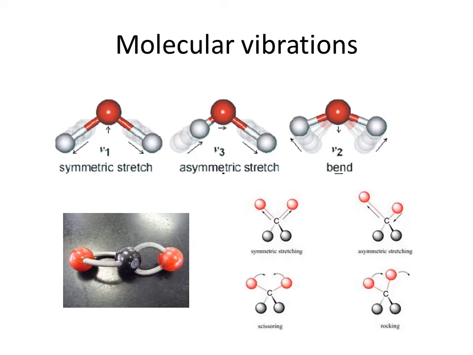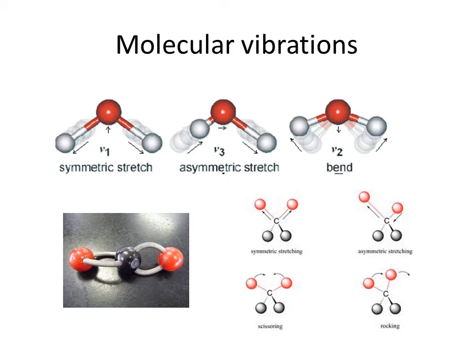Molecules vibrate. When we build a model of some molecule, we have balls and sticks, but that's not really the best of pictures, because instead of sticks, we probably should think of those as balls connected by springs, because those bonds are stretchy.